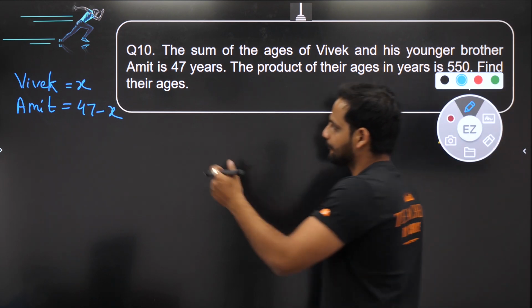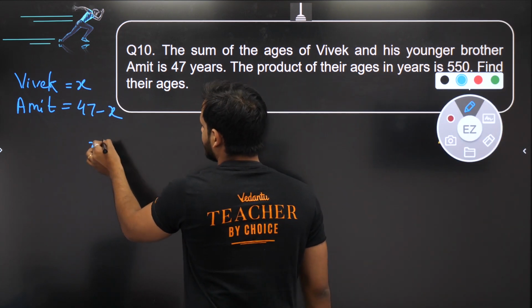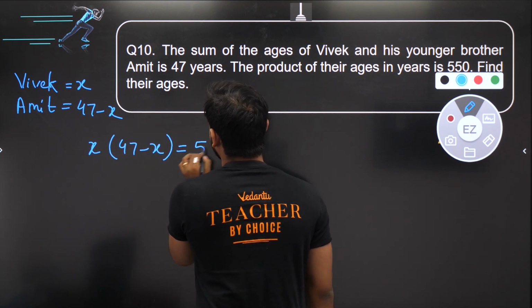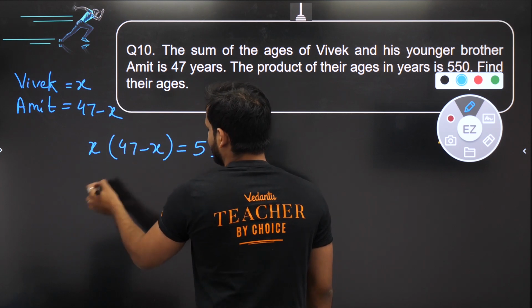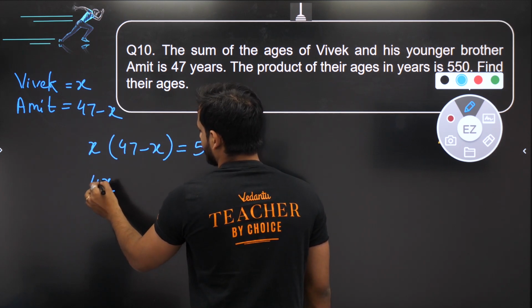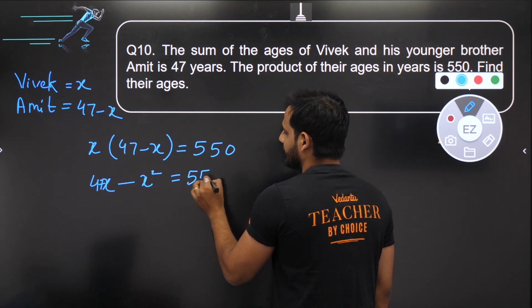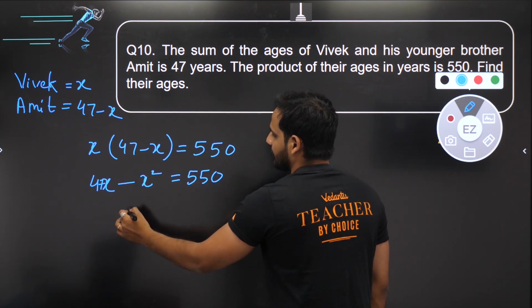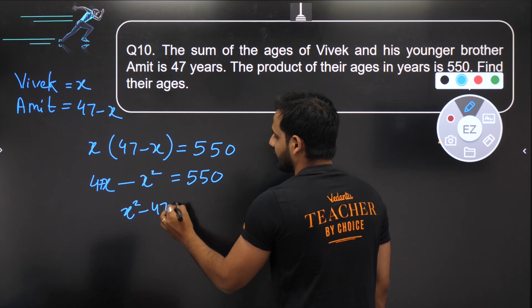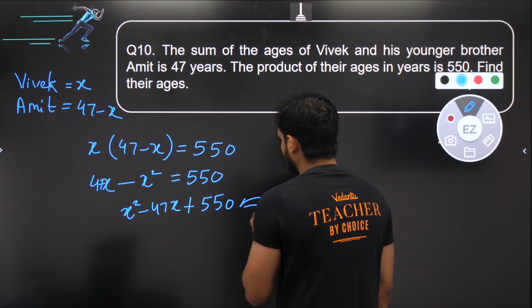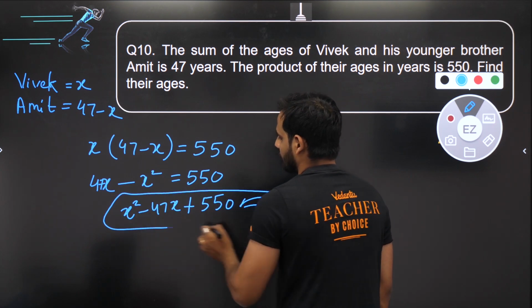So I can say x into (47 minus x) is equal to 550. Multiply, you'll be getting 47x minus x^2 is equal to 550. Shift x^2 and all to that side, you'll be getting x^2 minus 47x plus 550 is equal to 0.